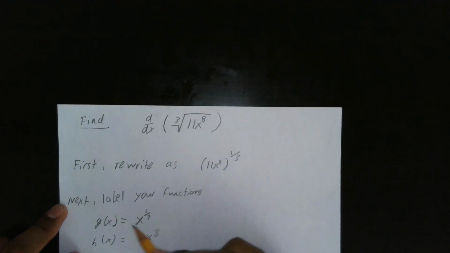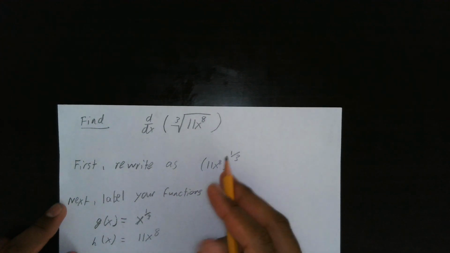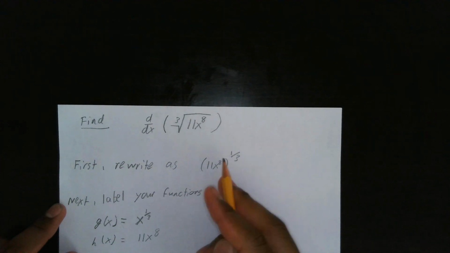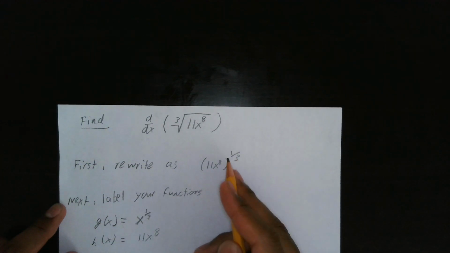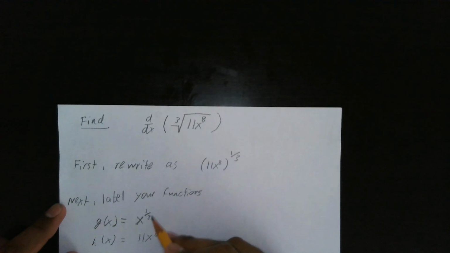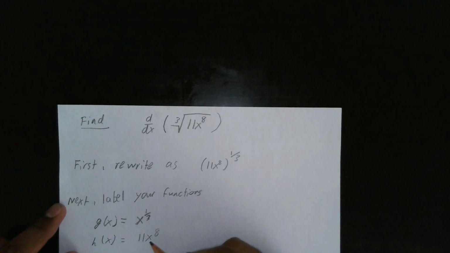Make g of x your exterior function, your outside function, which is just raising to the 1/3. So we write that here, x to the 1/3. And here's our interior function: 11 times x to the 8th.